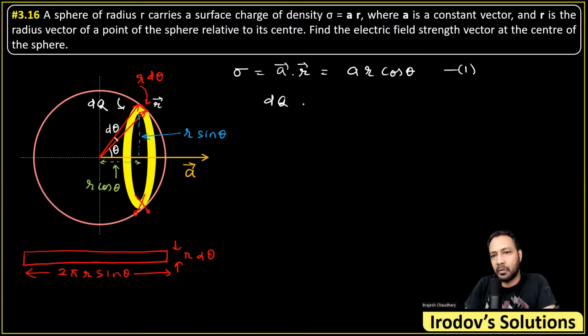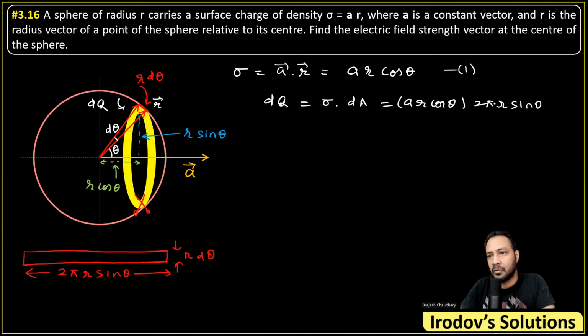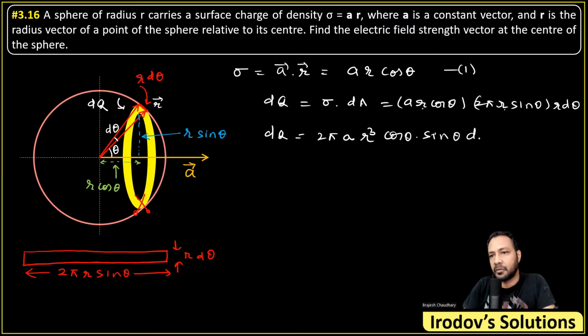So dq will be sigma into dA, where sigma is a r cos theta and dA is 2 pi r sine theta into r d theta. Overall simplification gives dq equal to 2 pi a r cube cos theta sine theta d theta.